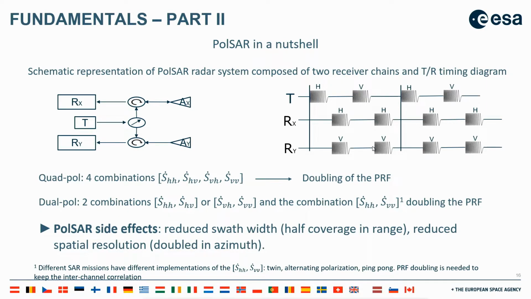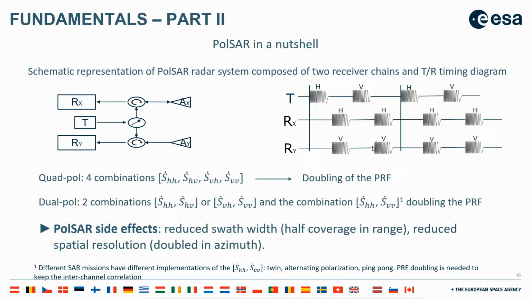That means that you transmit, for example, H, so linearly polarized horizontal, and then you receive at the same time H and V. So this will give you the components HH and HV. Then you switch polarization, you transmit in V, and then you have VH and VV. And this is how you construct the scattering matrix.